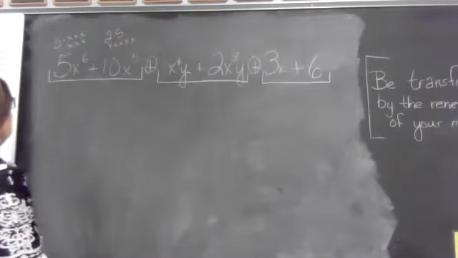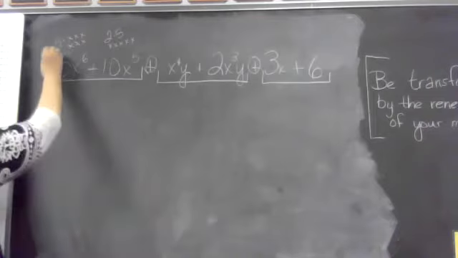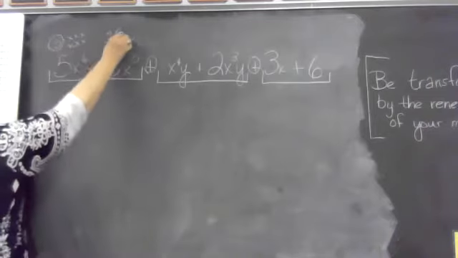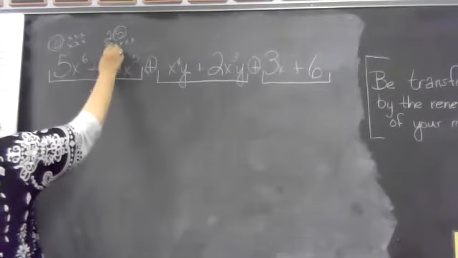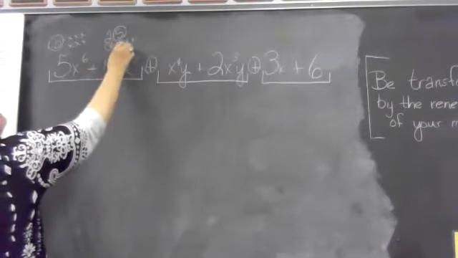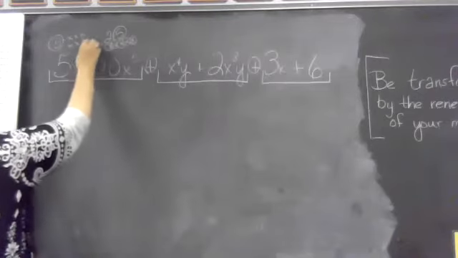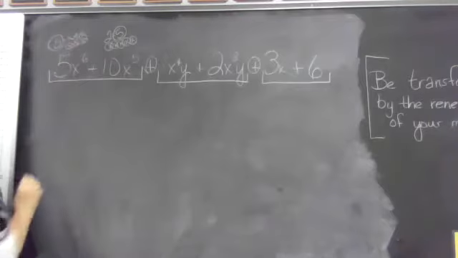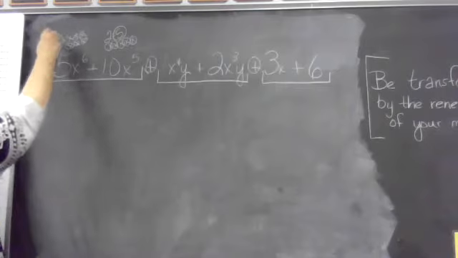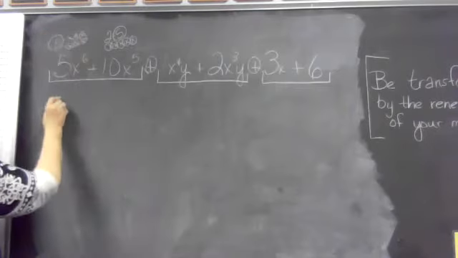So I need to find out what's common. Here's a 5 that matches, and 5 of the x's match: 1, 2, 3, 4, 5. So my greatest common factor here is 5x to the 5th.